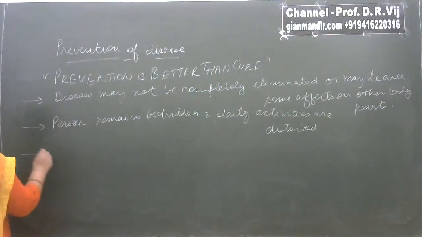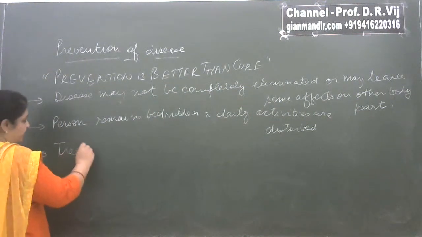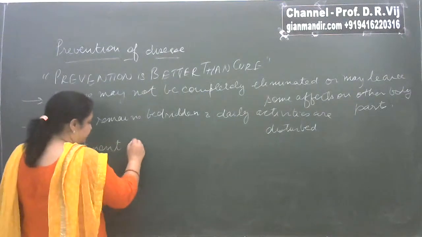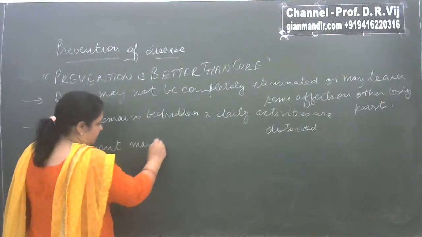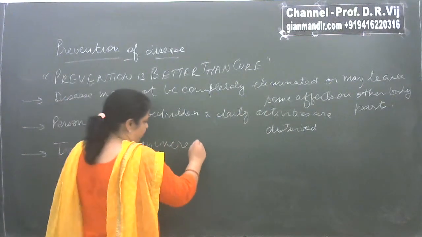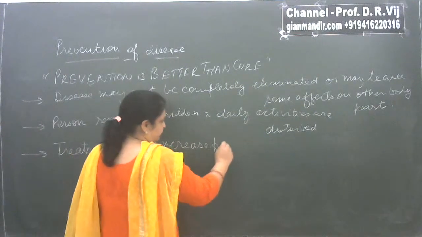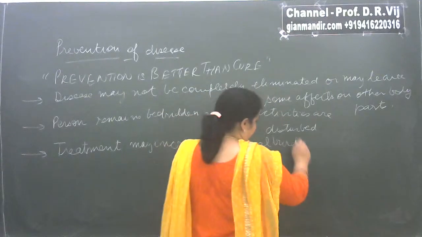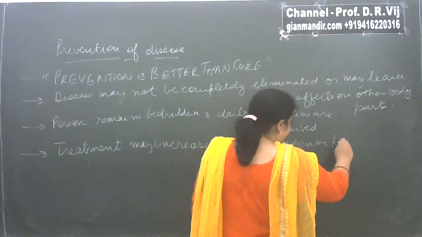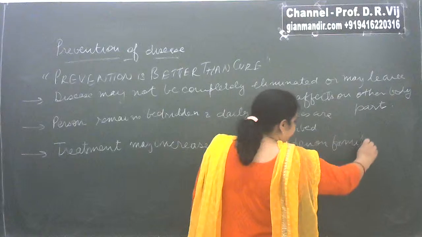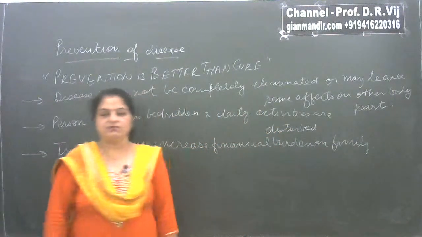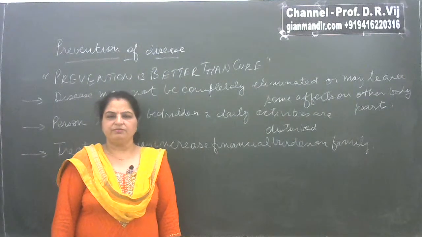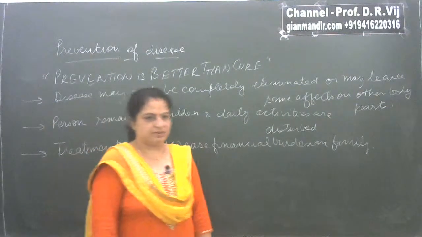And if disease is there, there will be a treatment, and sometimes the treatment is so expensive that it may increase the financial burden on the family. Even sometimes very well-to-do families face a lot of troubles in bearing the expenses of treatment, because sometimes the treatments may become very expensive.